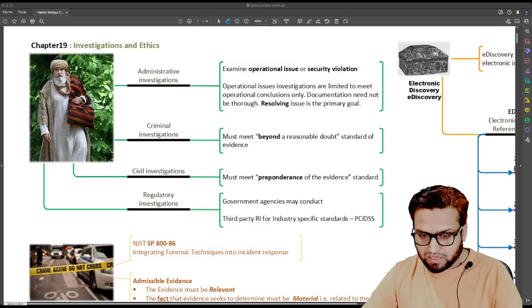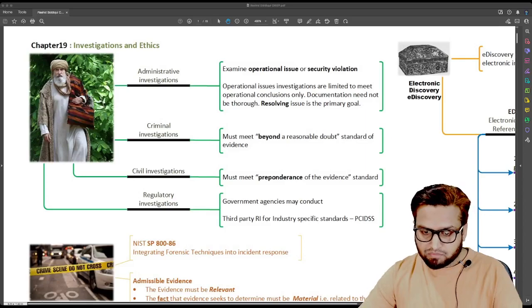When we run a company and participate in business, there are regulatory, environmental, safety, fire, or other requirements we have to meet, and those can be investigated. If a problem is reported or someone complains, the government may start a regulatory investigation. There is also a third party regulatory investigation for industry specific standards. For example, if a company is processing digital payments and accepting credit card details, they may go for an investigation for PCI DSS if required.